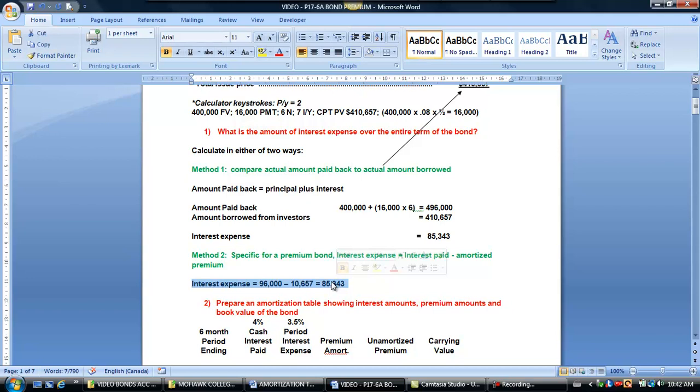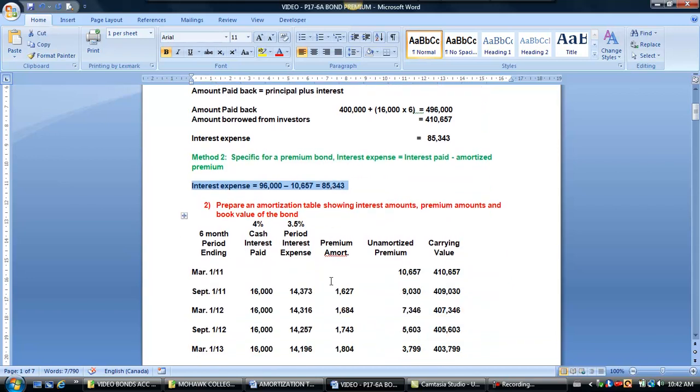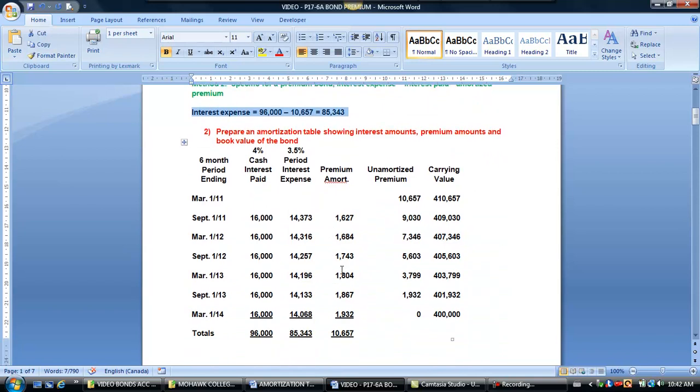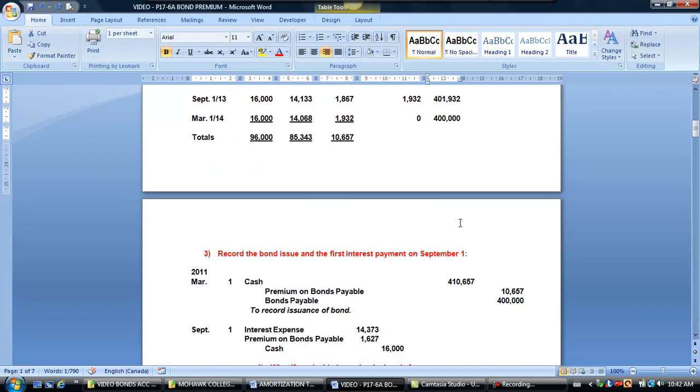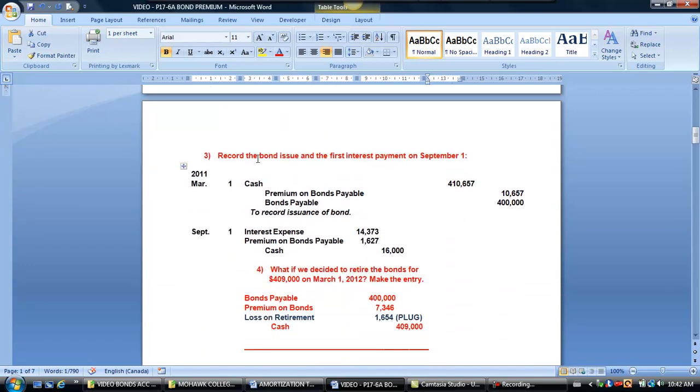So let's begin. Now, we can see here in the first period of the bond, or sorry, not the first period, but the date we issue it, we already recognized in the table an unamortized premium of $10,657 and a carrying value of $410,657. So now what would the journal entry look like if we were to record the bond issue?